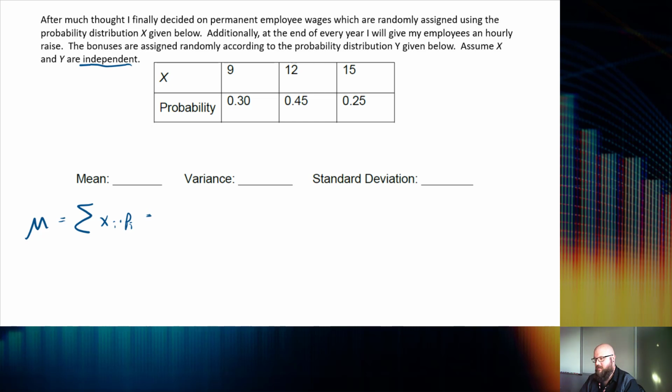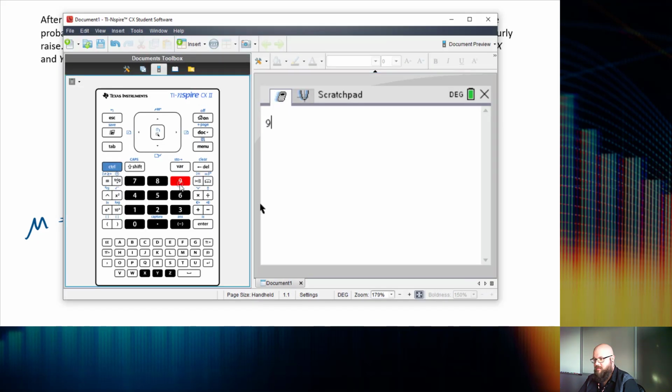So for this, we're simply going to take 9 times 0.3 plus 12 times 0.45 plus 15 times 0.25. Let's see what we get.